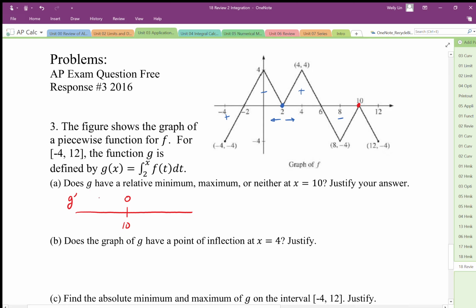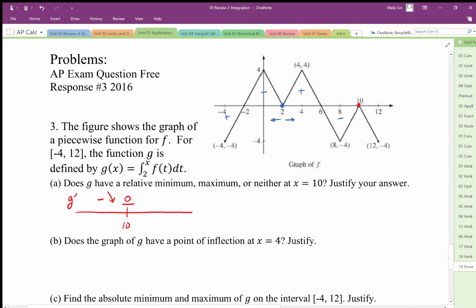On the left-hand side, the g prime value is negative, so it's going down. Although the slope here is positive, that's not what we're looking for. We're not looking for a positive slope. We're looking for y values, which represent the slope, which is g prime. So f and g prime are the same thing.